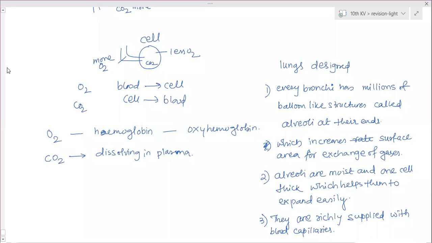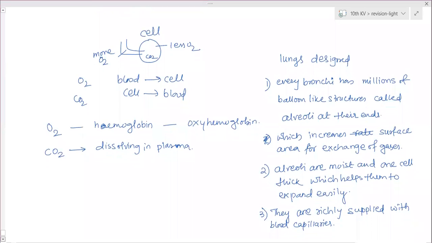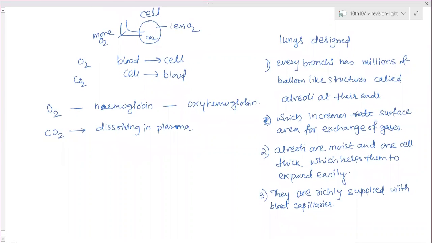What is residual volume? What do you mean by residual volume? Yes, Janvi?